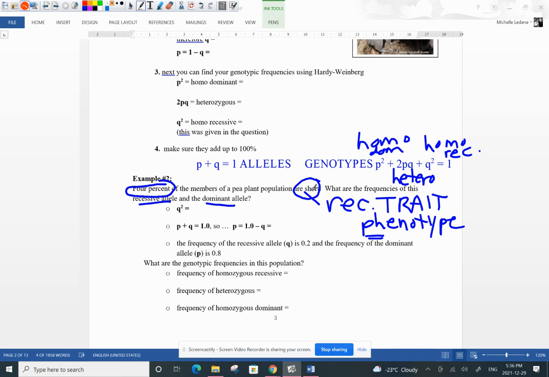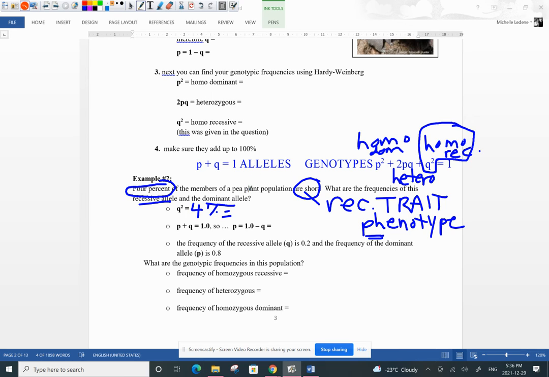So the 4% that are short, those are the homozygous recessive individuals. To be a short pea plant, you have to have two recessive alleles. You have to have a recessive genotype. So Q squared is 4%.